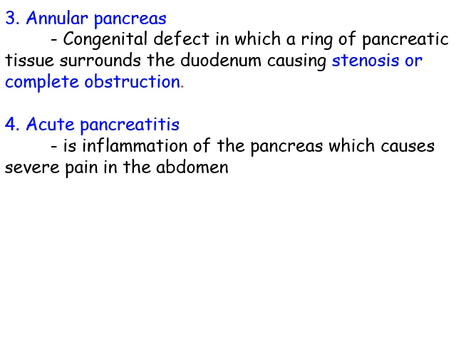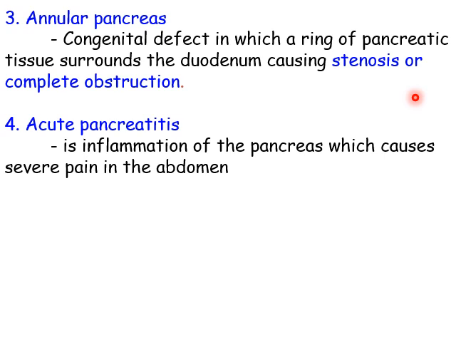In the development, initially the pancreas has two buds, a ventral bud and a dorsal bud. So the ventral bud and dorsal bud normally fuse, but sometimes there is failure of fusion and an abnormal rotation, a defect in the rotation of the pancreas, causing ring-like pancreatic tissue that surrounds the duodenum.